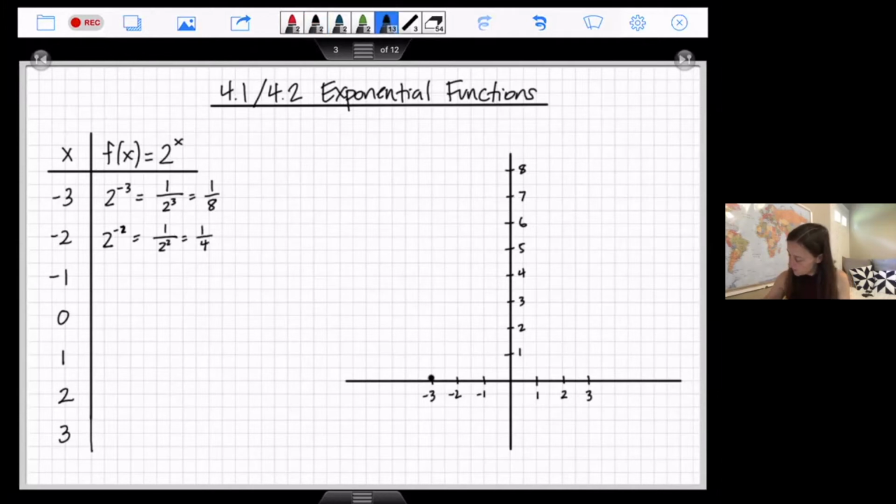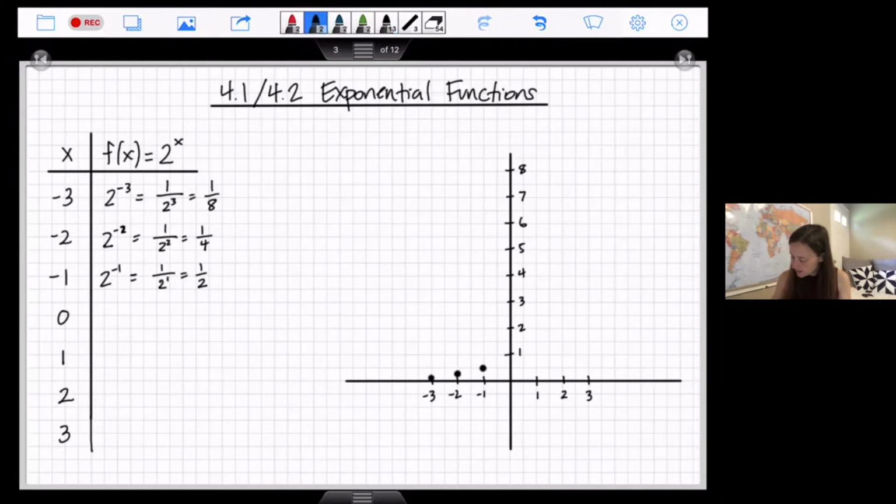So we'll go plot that point, -2, 1/4. I haven't even made it all the way up to a half yet. -1, 2 to the -1, 1/2 to the 1. There's my 1/2. So slowly but surely these values are getting bigger left to right. Let's see if that keeps going.